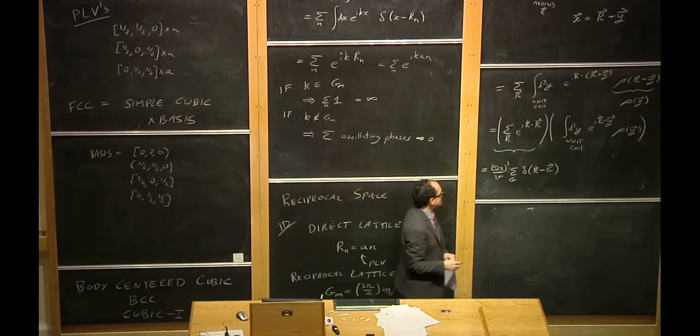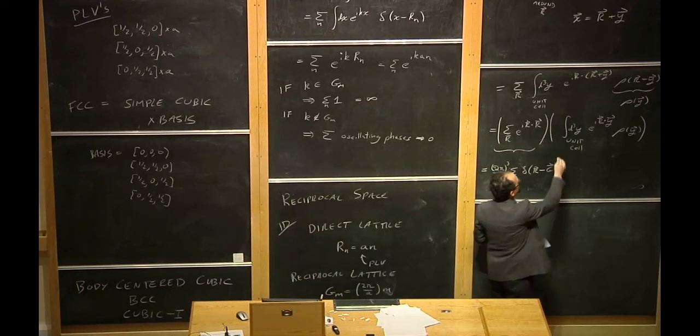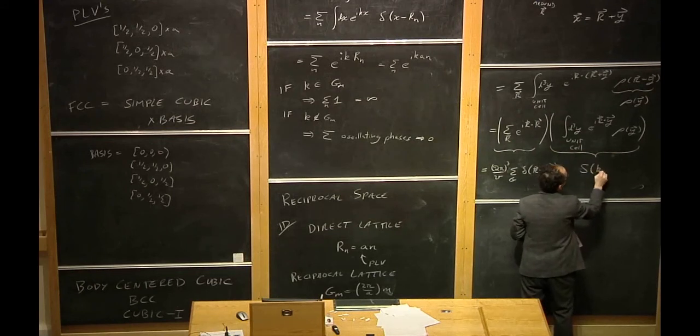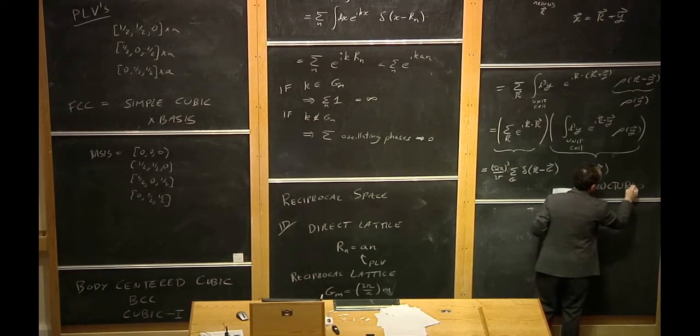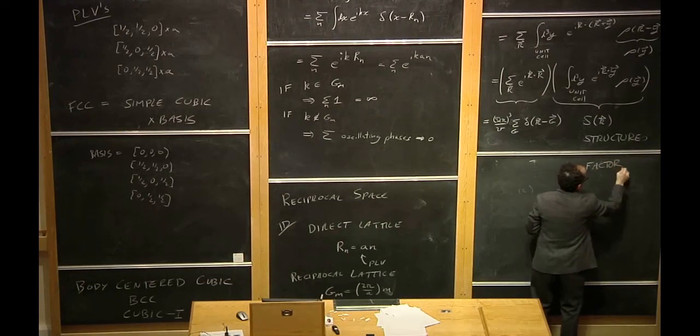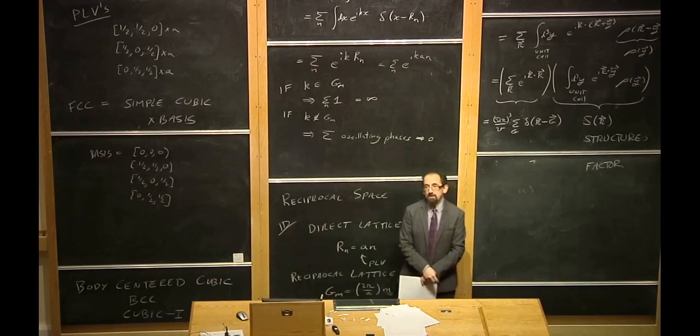So it gives you a delta function peak at the position of each reciprocal lattice vector. This other term here is known as the structure factor, S of k. It's just the Fourier transform of the function we're considering within a single unit cell.